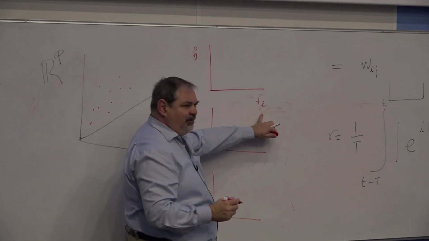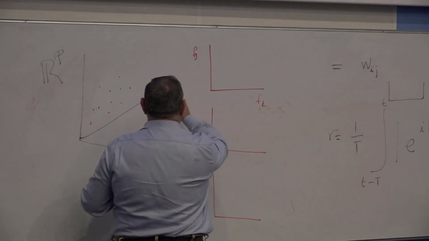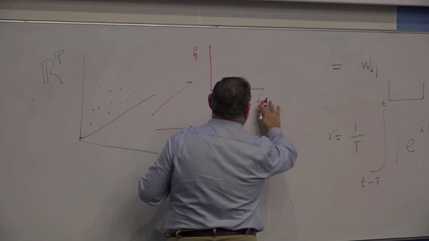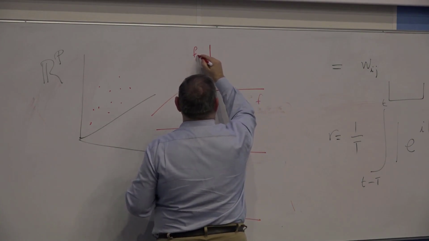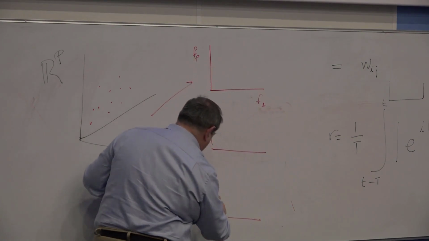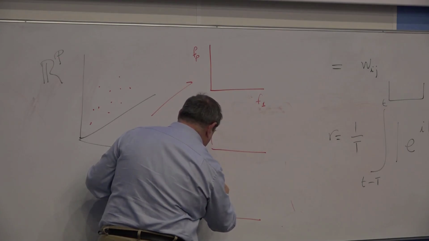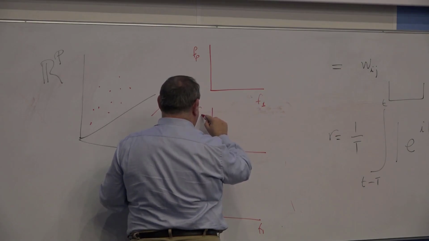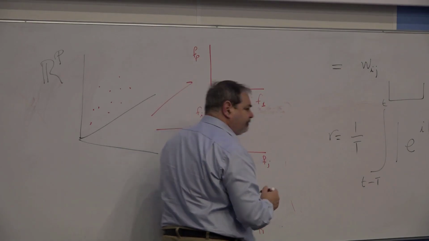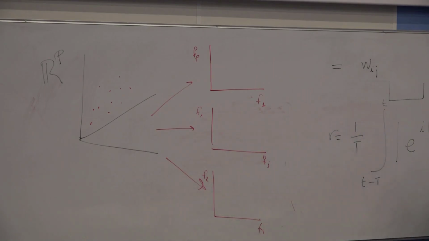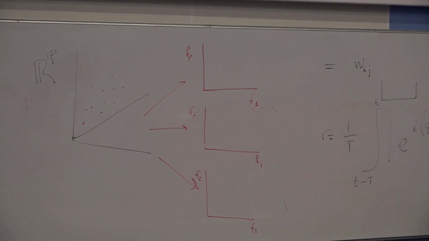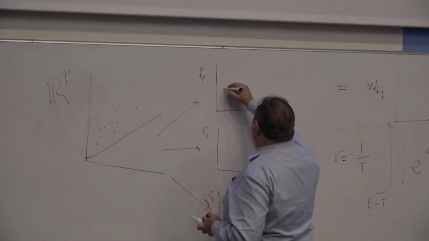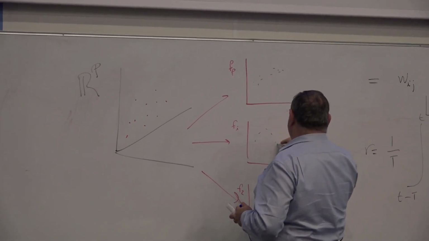Here I have all possible planes, for example feature p against feature 1, feature 1 against feature 2, and in general feature i against feature j. In each of these planes, my population, my class, will correspond to a given number of points.